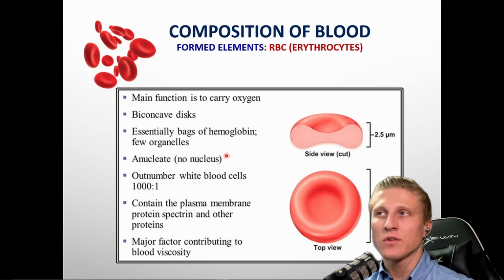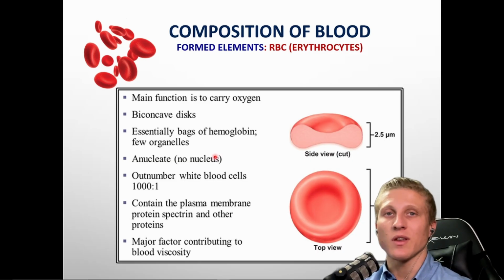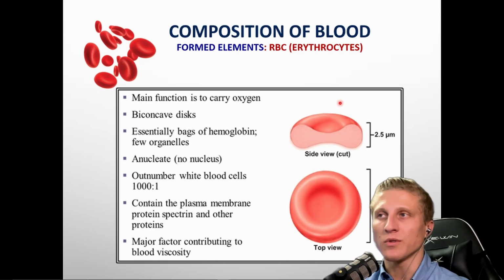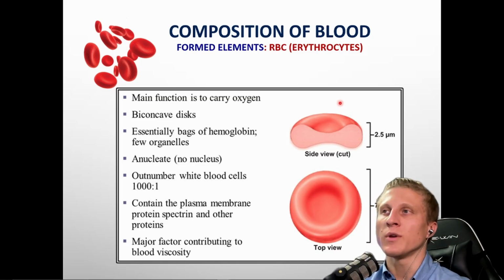Why do they not have a nucleus? Well, a nucleus takes up space inside of the cell, and this guy's number one job is to transport oxygen. It does that on hemoglobin molecules, a little substructure of 4 hemoglobin subunits, at the center of which is typically an iron atom, and that iron atom is what's going to bind with the oxygen.